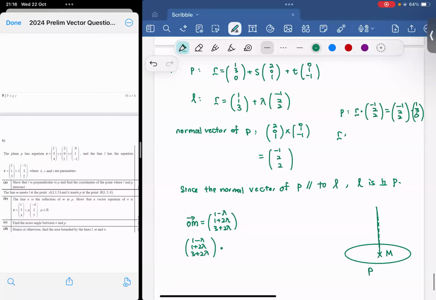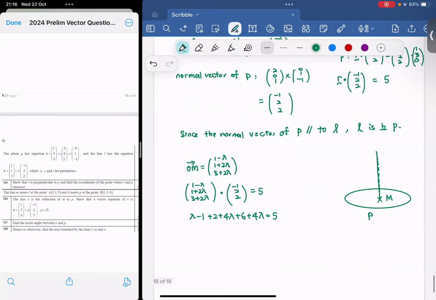That will give us -15. So lambda minus 1 plus 2 plus 4 lambda plus 6 plus 4 lambda equals 5.